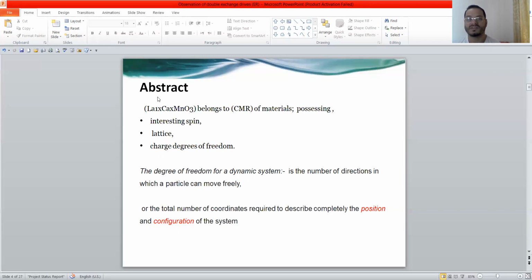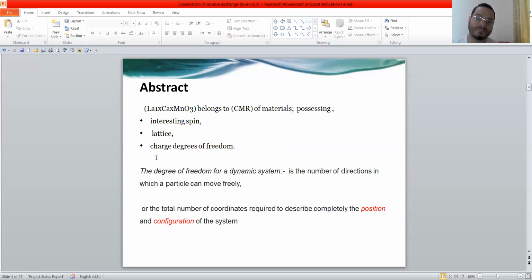This structure belongs, like I said before, to CMR, that means colossal magnetic resistance, and at the same time it is possessing three important things. These are the charge degrees of freedom, lattice, and intrinsic spin.